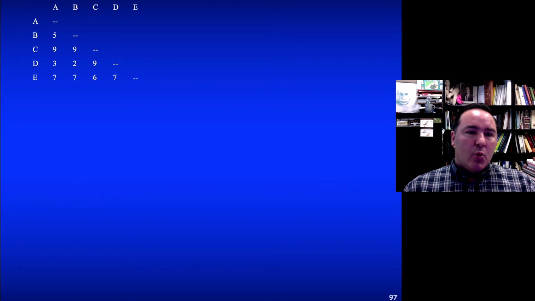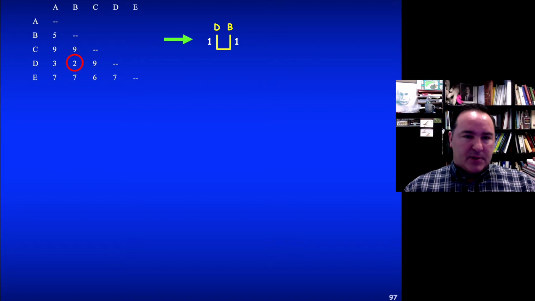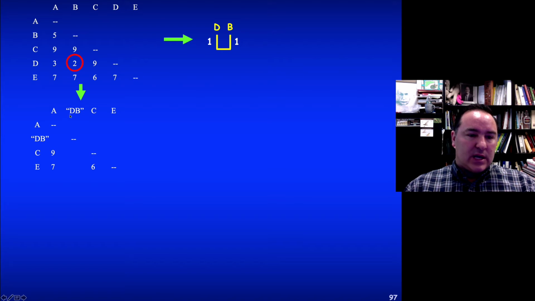So up here, which two pairings have the least amount of differences? B and D, right? They only have two. So I put D and B together, okay? And there would be the differences 1 and 1 on each side. Then I have to do the average difference of D to A and B to A. So D to A is this one right here.